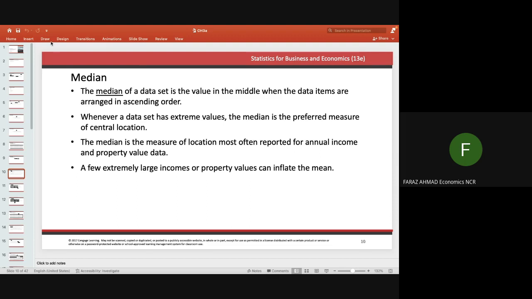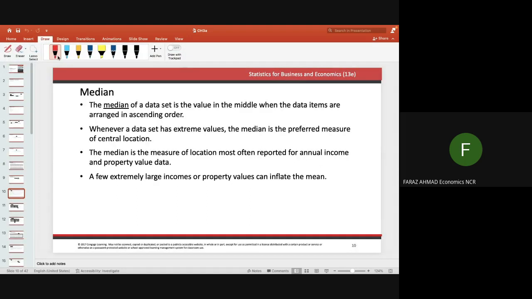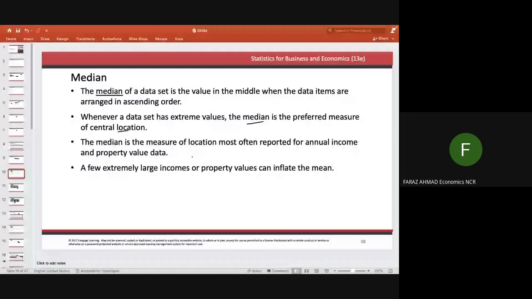Generally, if we have extreme values in the data, and I showed you with the help of an example yesterday, in that case median is a preferred measure of central location rather than the mean. So median is preferred to mean. Median generally is reported for annual income because income data has extreme values, because there are many people who have very, very high income, and also for property value data.